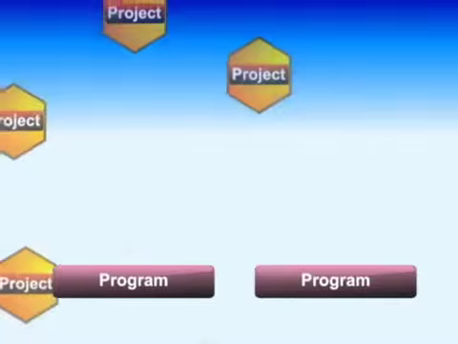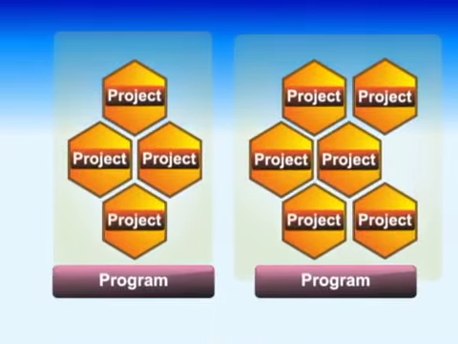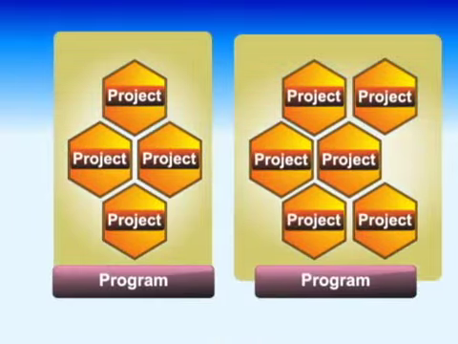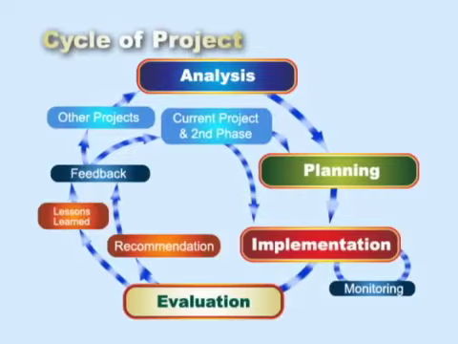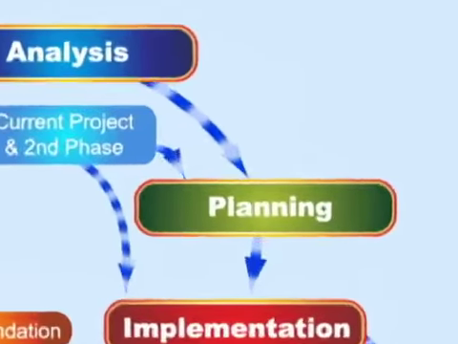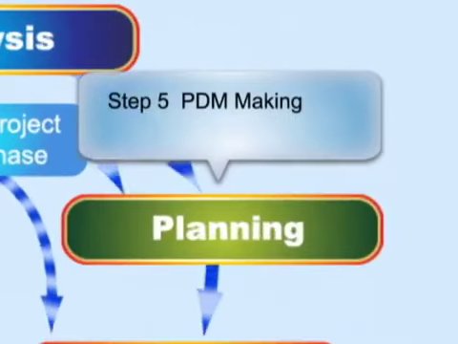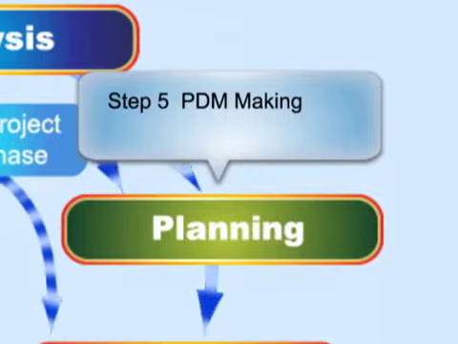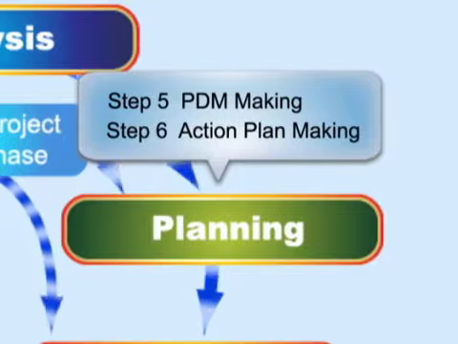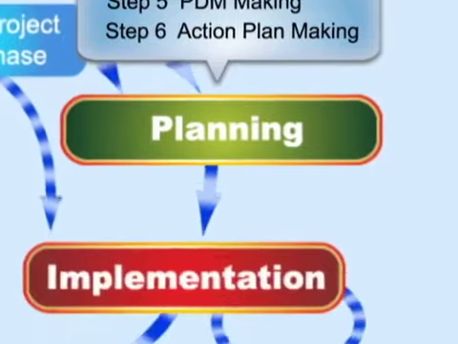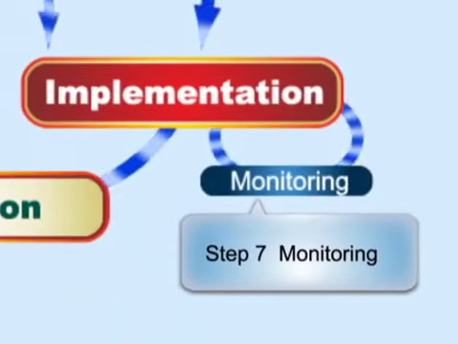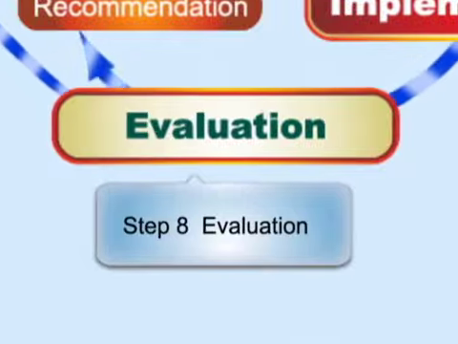A program is a group of 2 or more projects in the PCM method. Among 8 steps of the PCM method, Step 5 is Project Design Matrix PDM making. Step 6 is Action Plan making. Step 7 is Monitoring. And Step 8 is Evaluation.